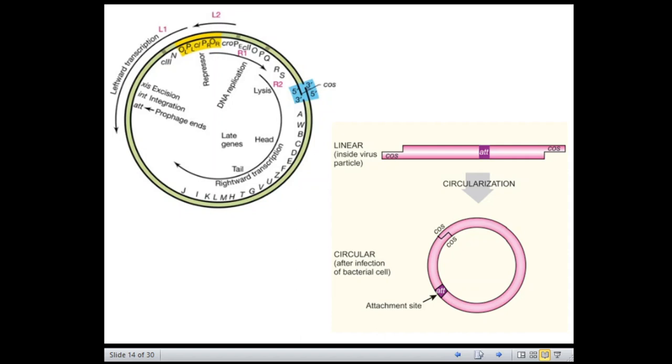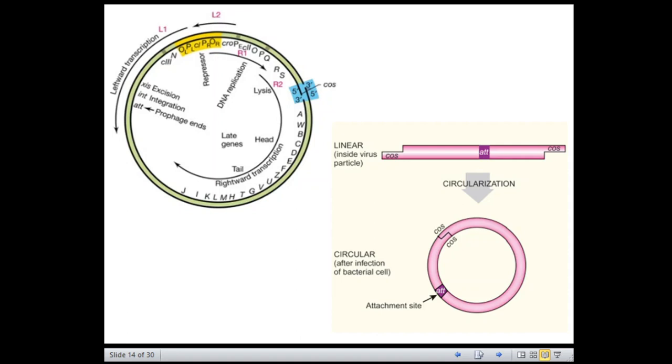So, these are the two important features that make lambda phage extensively used in the production of gene libraries. Number one, its efficient entry into the E. coli cell, and number two, larger fragments of DNA may be stably integrated.